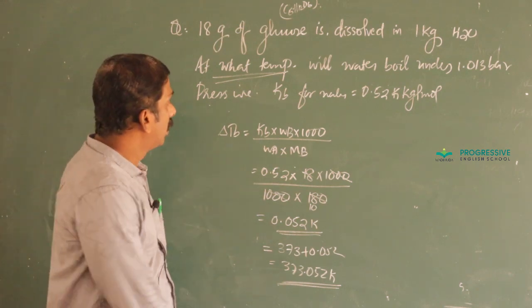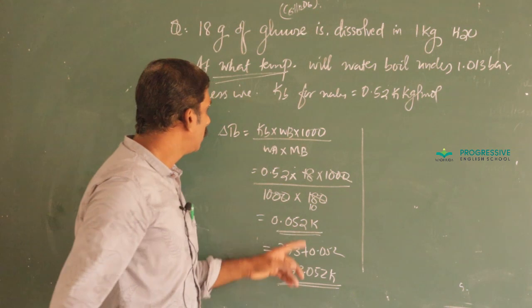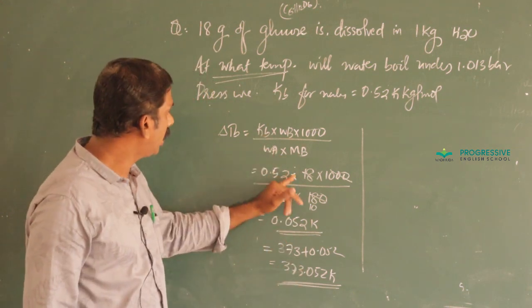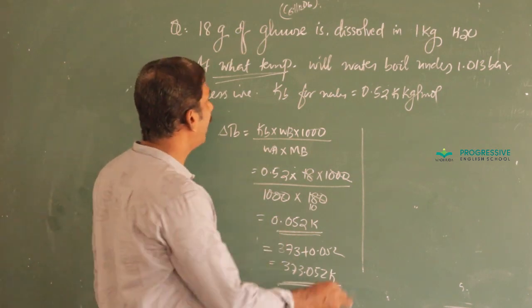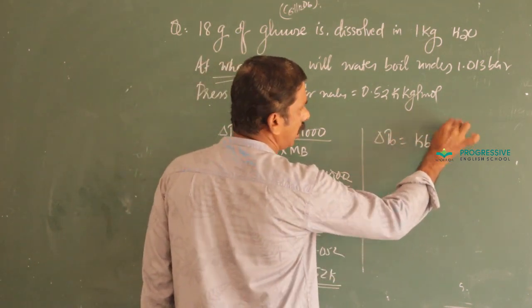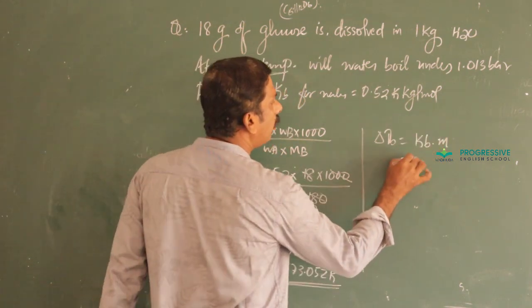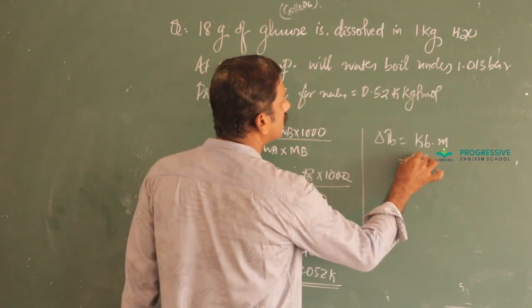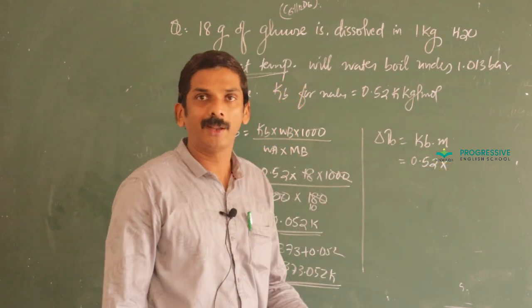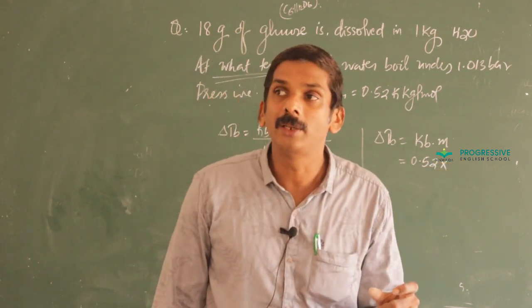An alternate method, it can also be calculated. Instead of substituting all this data, you can directly give. We have the expression delta Tb equal to Kb into m, where Kb value is given. Kb is 0.52 into m, the molality. What is molality?